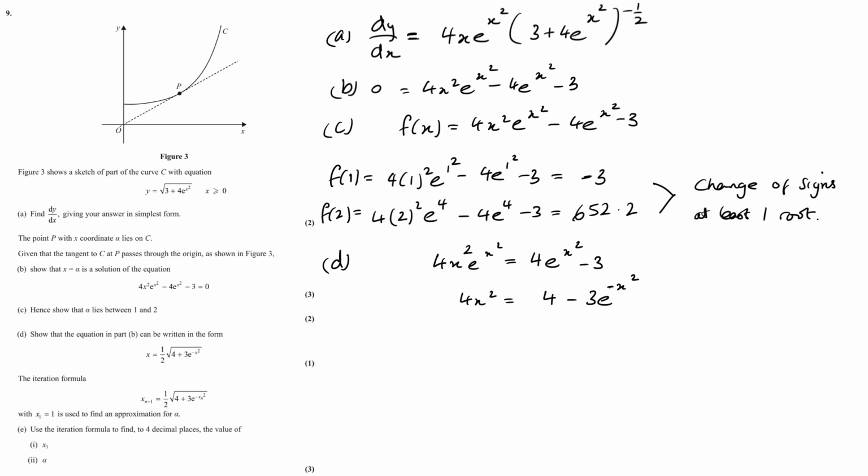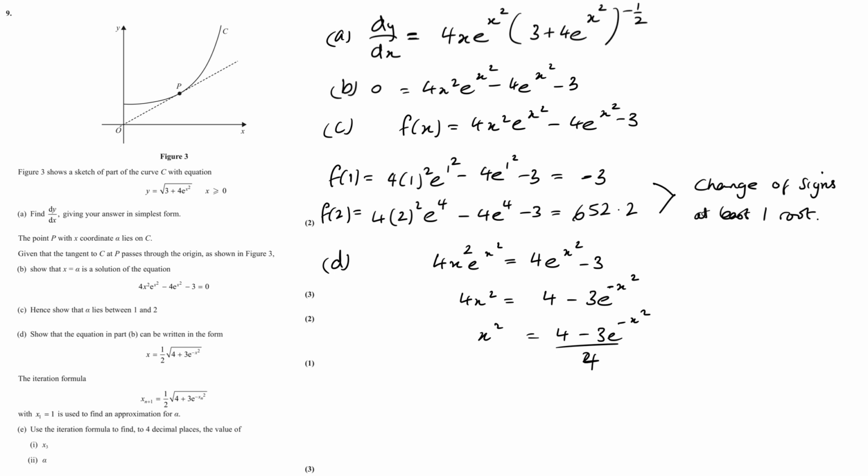And then what I'm going to do is square root, because we want that value on the outside, don't we? So I'll square root this. I suppose I could take the 4 over actually, doesn't really matter. So x equals the square root of (4 minus 3e to the minus x squared) over 2. And that's why I was going to square root first, just because some people might have separated these out.